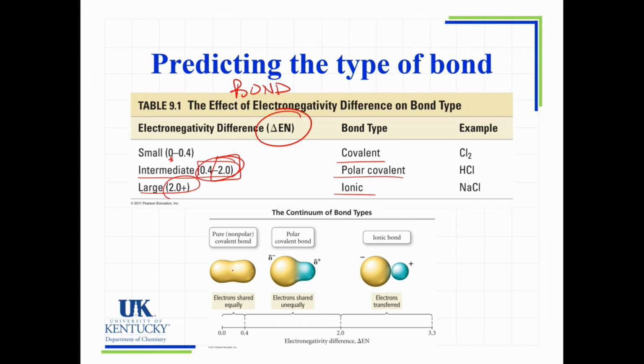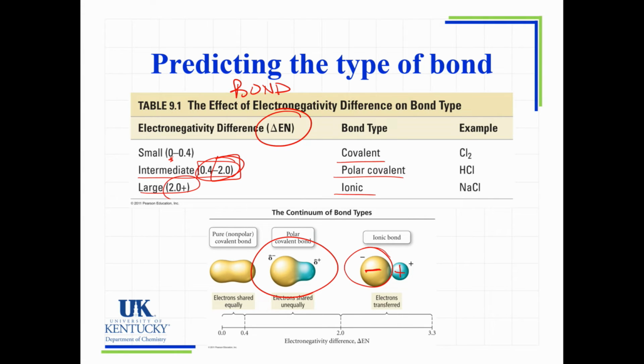So here we have equal sharing. Here we have unequal sharing, where you have a partial negative and a partial positive. And here, the sharing is so unequal that the electron is spending so much time at the other atom's house that it's fully negative, a full negative charge with a full positive charge, and that is the ionic bond.